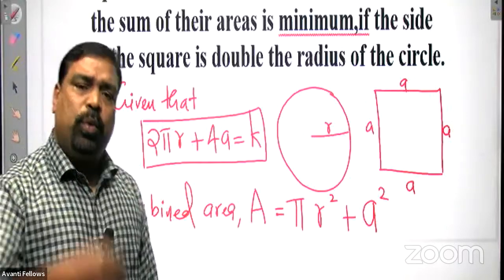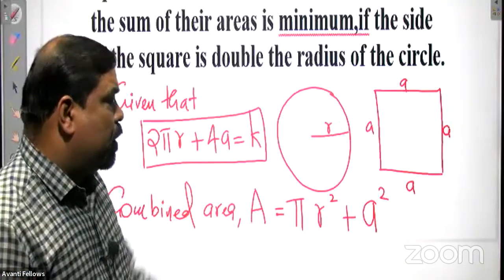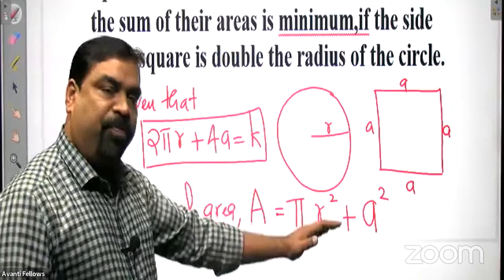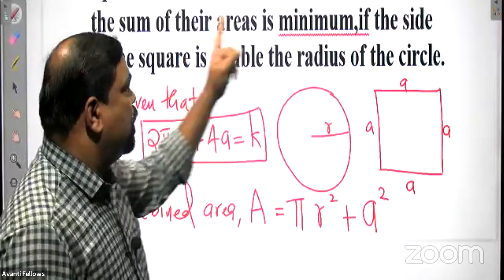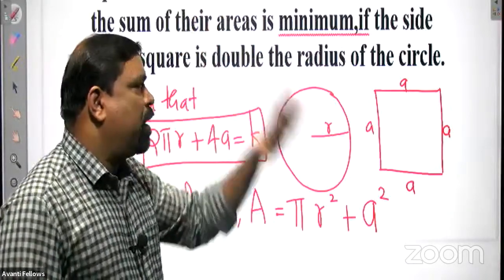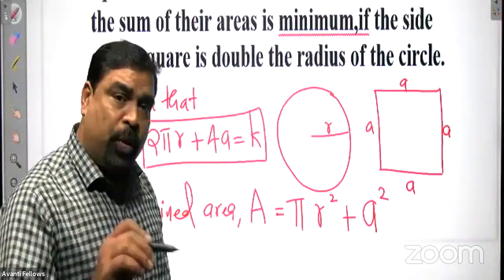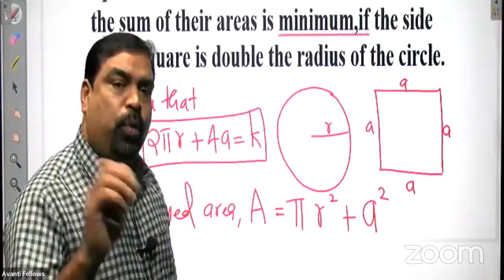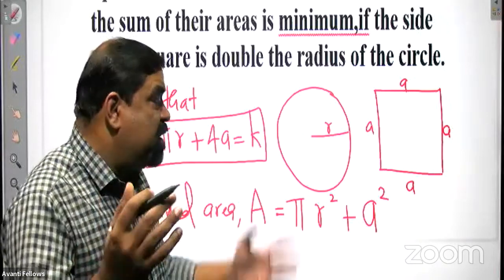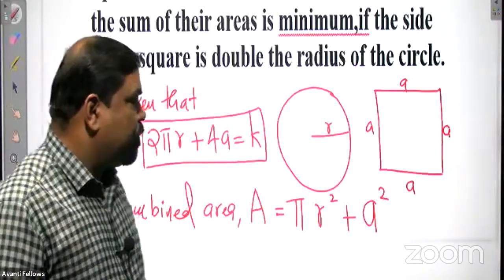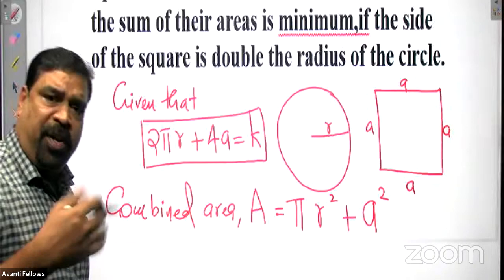What we have to show here is that this area is minimum when the side of the square is equal to double the radius of the circle. That means we have to show that a is equal to 2r when this area is minimum. For that, we have to differentiate.